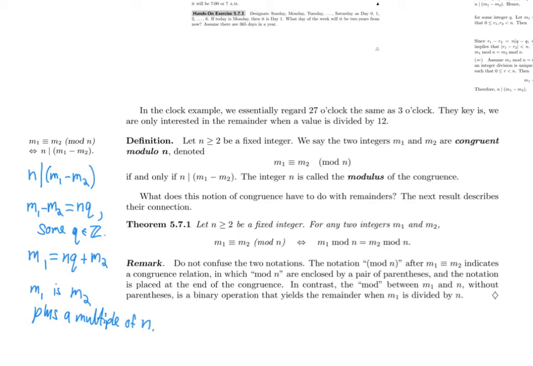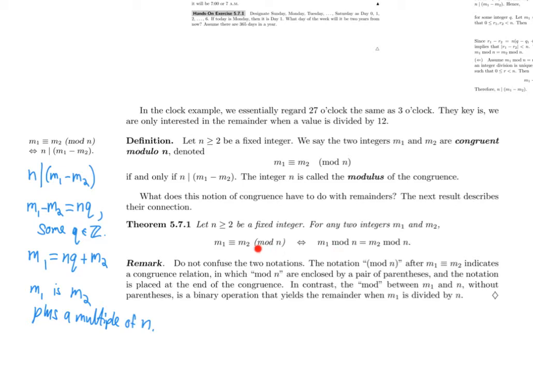So how does this relate to remainders? Well, m1 is congruent to m2 mod n if and only if m1 mod n is equal to m2 mod n. So the mod here on the right side of this biconditional statement is exactly the mod we've been using. It's a function, you can plug stuff in, get an answer.